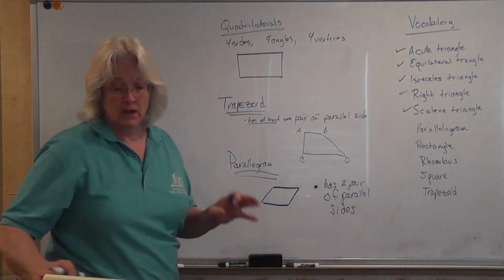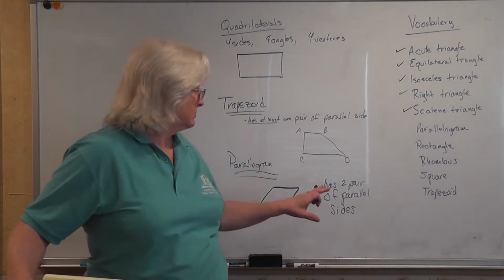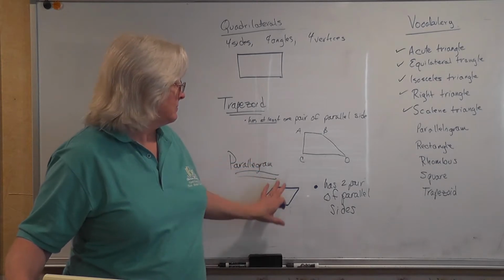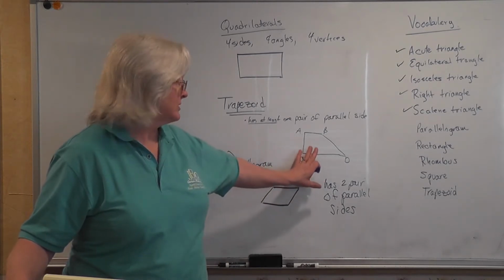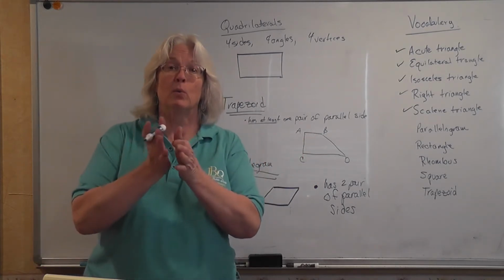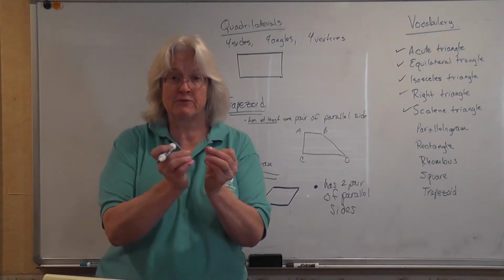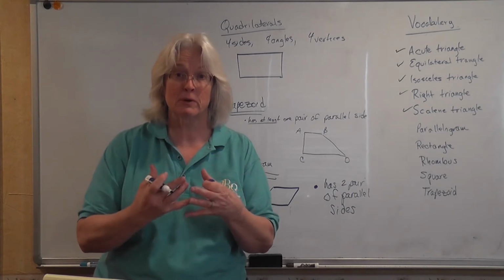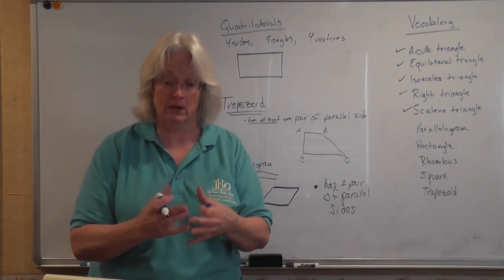All right? Now, I said both of these are trapezoids. But we call this a parallelogram and we call this a trapezoid. What are we talking about? We're looking for the most specific, the most precisely descriptive name for a figure that we can come up with.